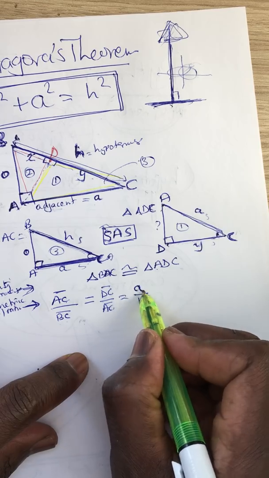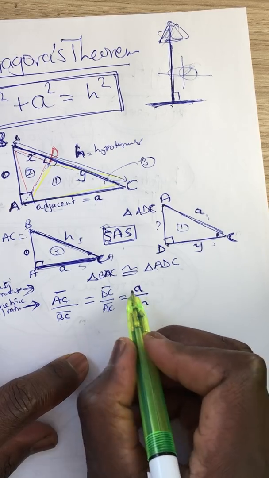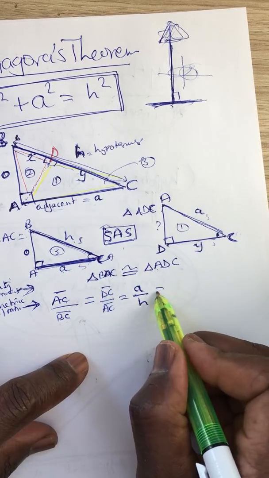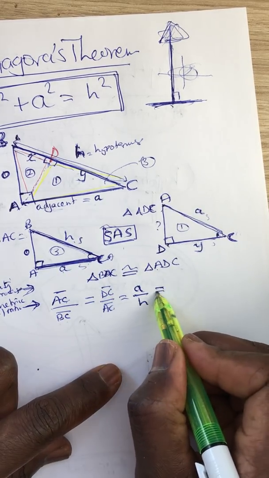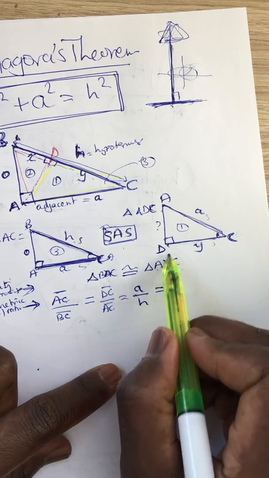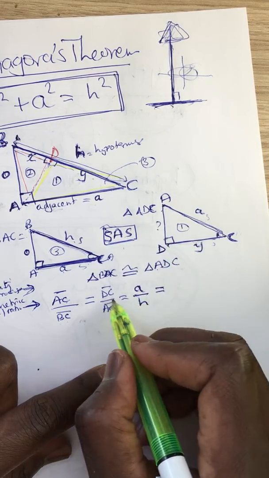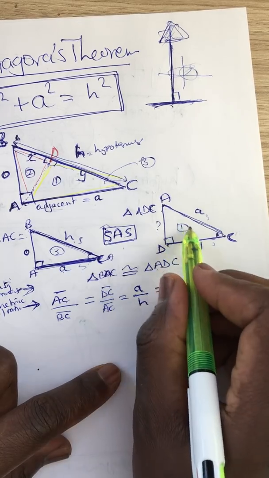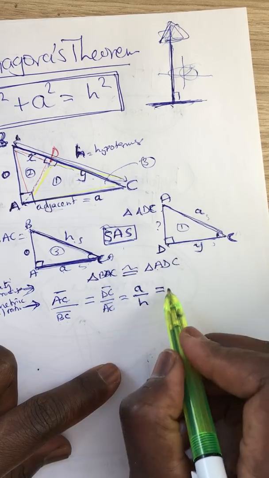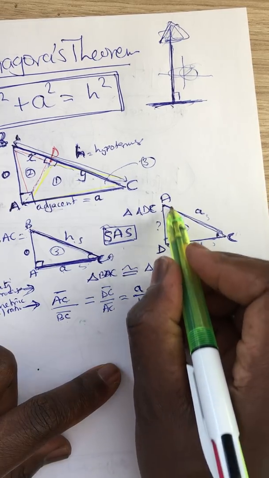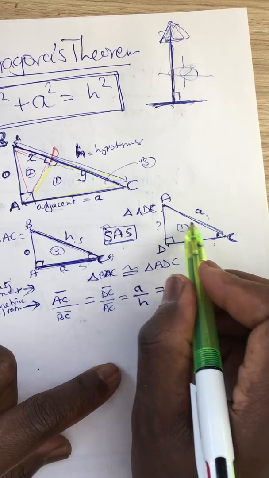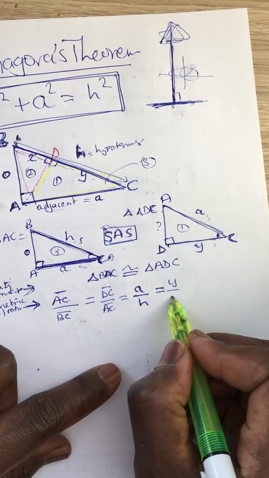So we have a over h, adjacent divided by hypotenuse for the bigger triangle, is equal to the adjacent of that smaller triangle, which is DC, which is y, divided by the hypotenuse of that smaller triangle, which is a.